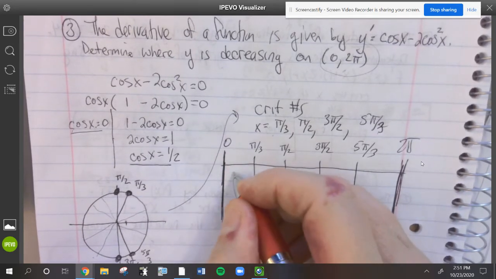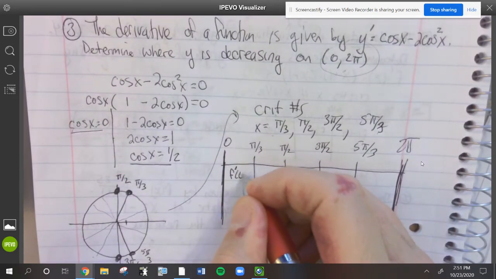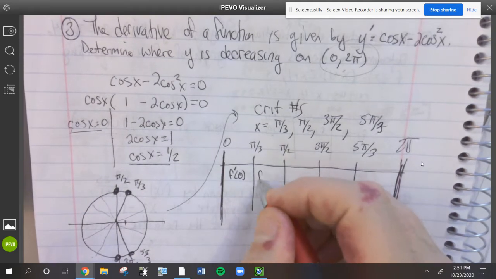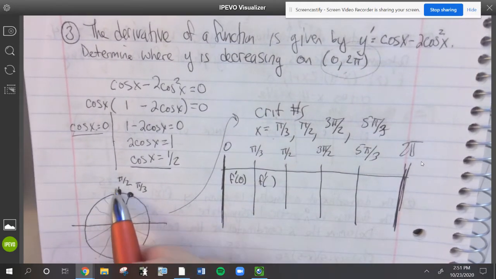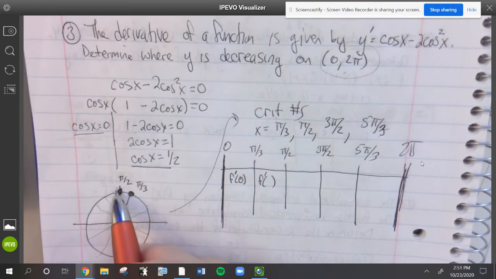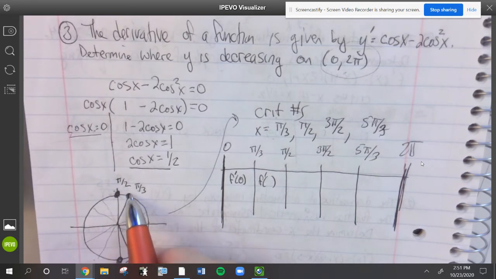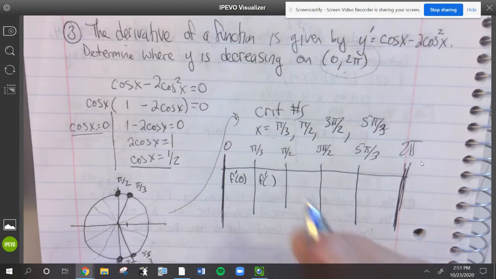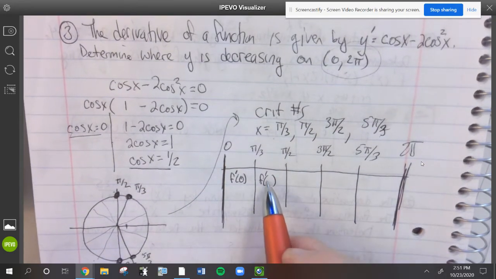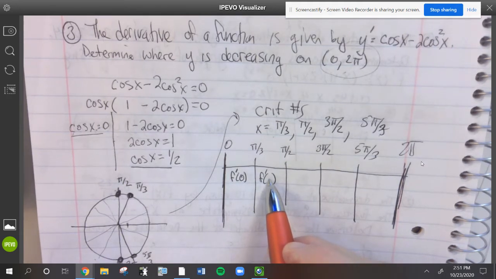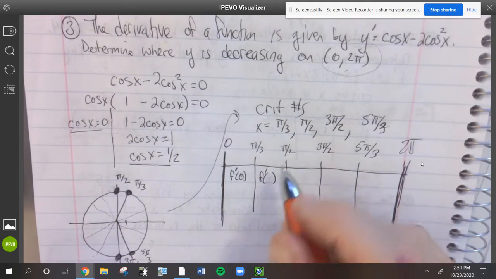In this interval, I'm going to test 0. In this interval, now we're between, this is going to be a big issue here. This is going to be something between pi over 3 and pi over 2. We'll come back to that.